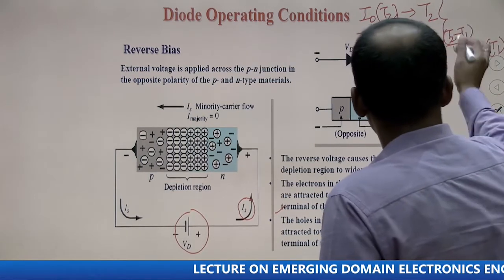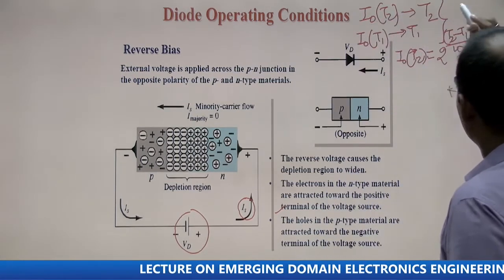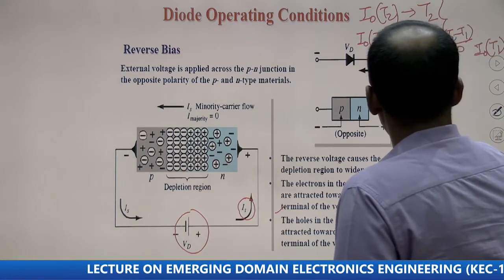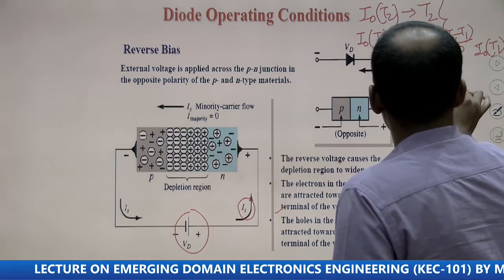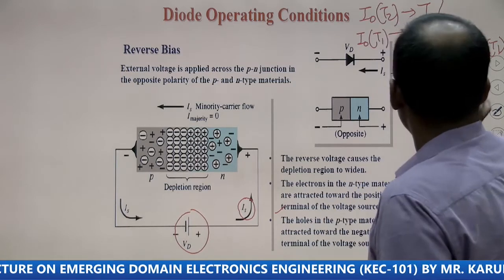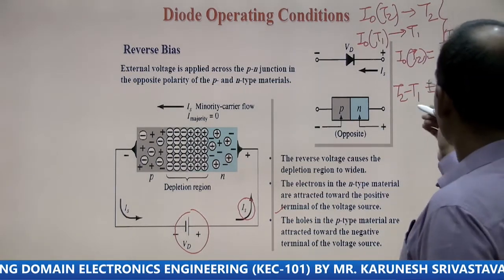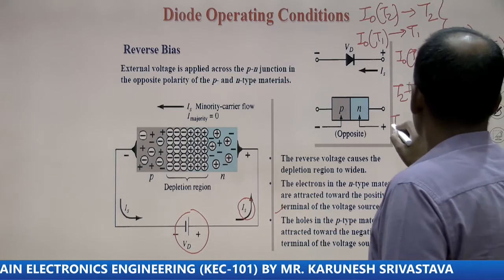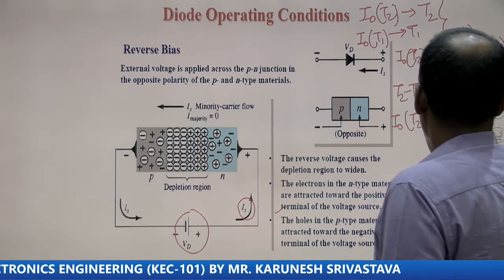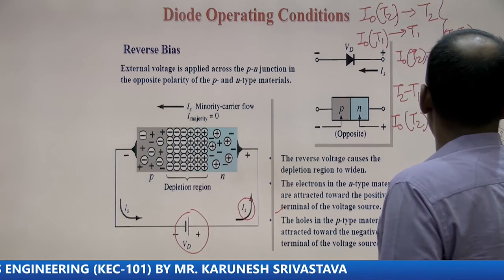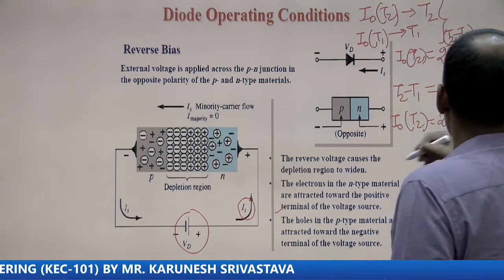So you can see from here, if the temperature difference T2 minus T1 is 10 degree centigrade, in that case the current will double, that is twice of I naught T1.